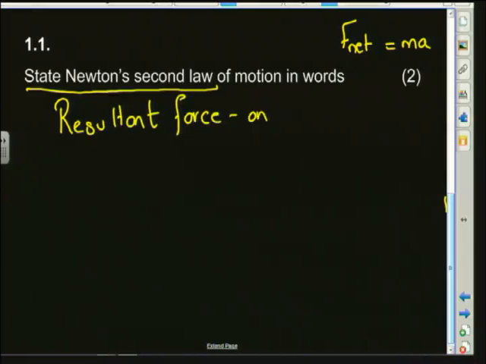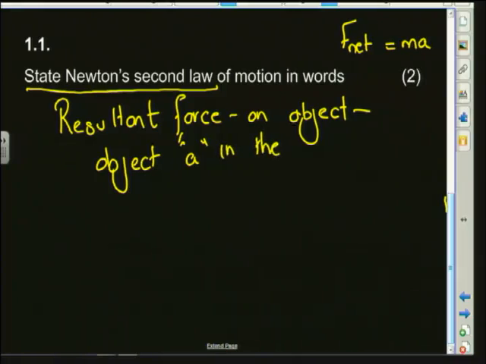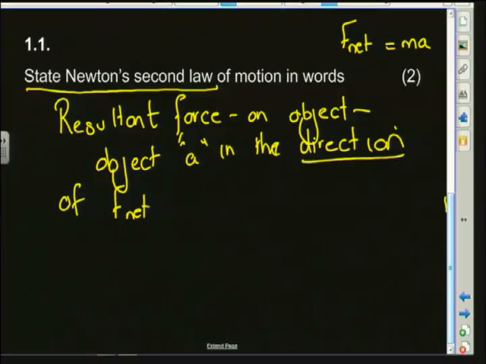So we have a resultant force on an object. The object accelerates in the direction of the resultant force, or F net.